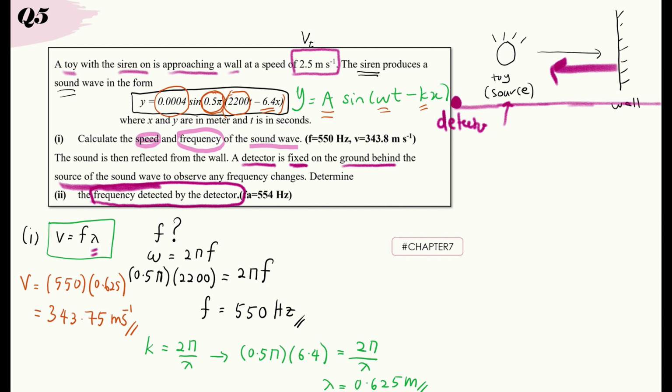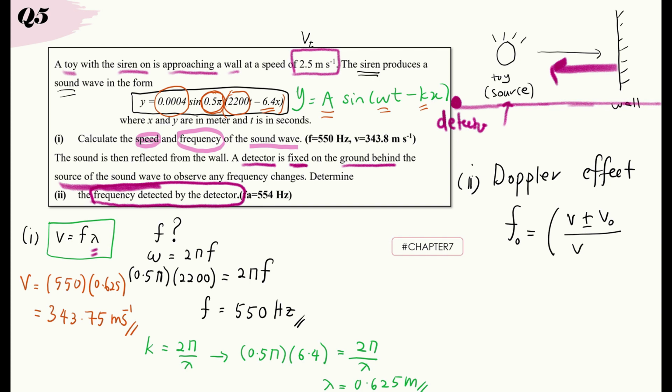In this case, for the Doppler effect, the general equation is f, the frequency heard by the observer, is v plus or minus vo over v plus or minus vs, times f source. In this case, we have a stationary observer, so vo is equal to 0.